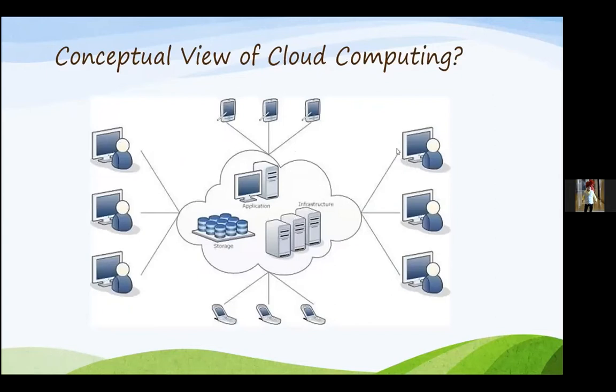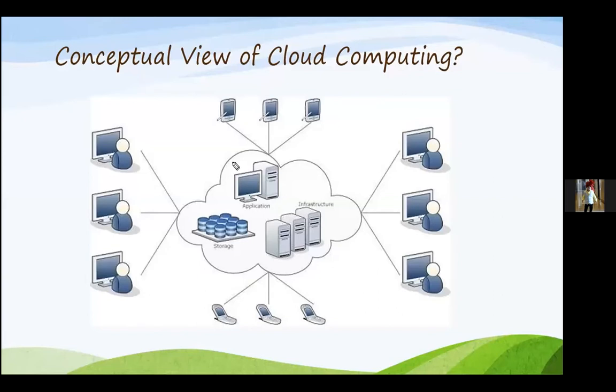Okay, so this is the cloud. On the cloud there is an application server, a storage server, and a web server. As I told you, there will be one physical building, and in that building there are a number of CPUs. Some CPUs are called application servers, some are called storage servers, some are called web servers. In the web server the HTML or .php pages are saved.